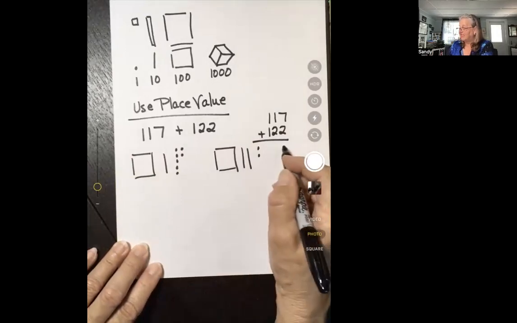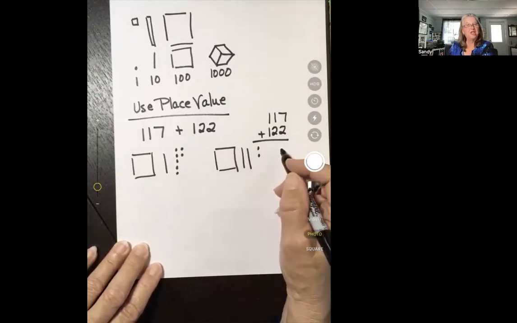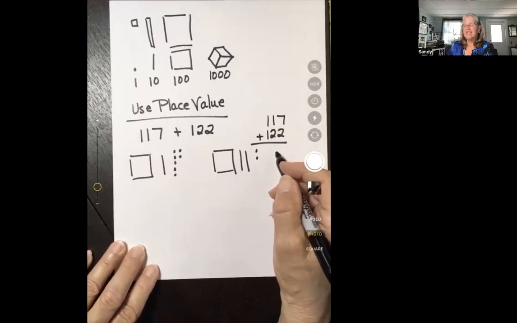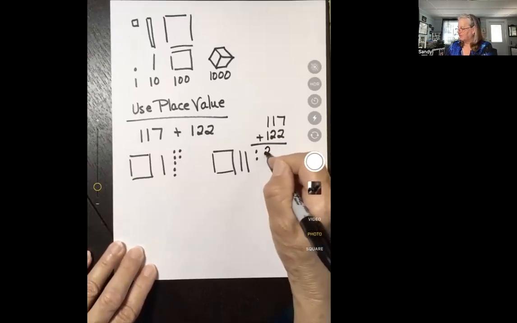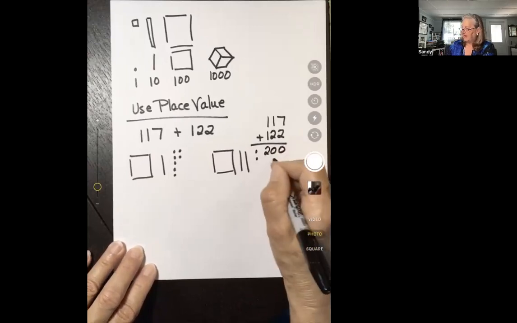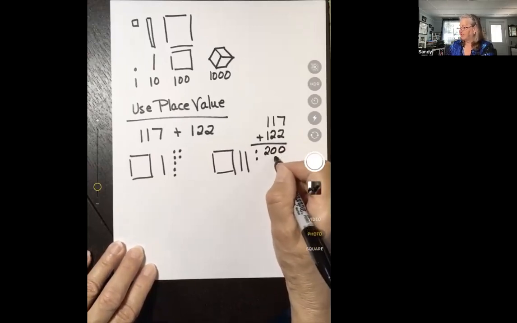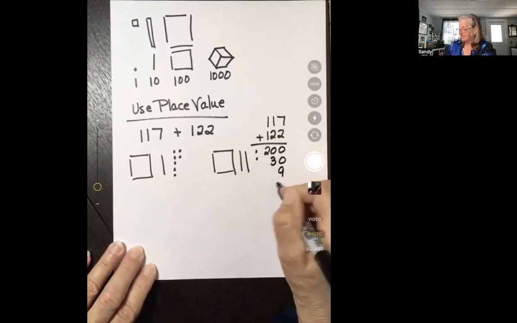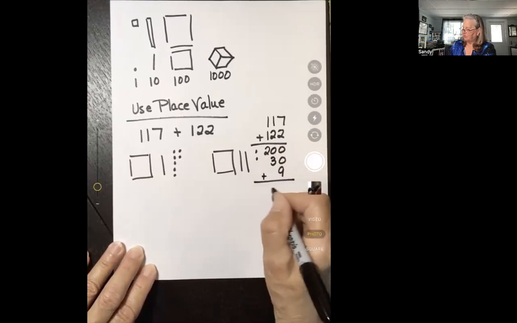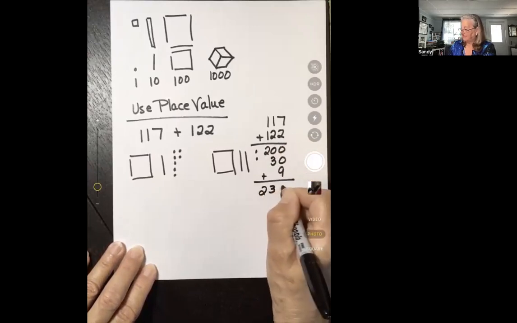Now, you may see or hear something like partial sums, and that's just a use place value approach. It's that I'm recording the sums of the place values. I have 100 and 100 is 200, 10 and 20 is 30, 7 and 2 is 9. Now, do you notice how I worked this one left to right?